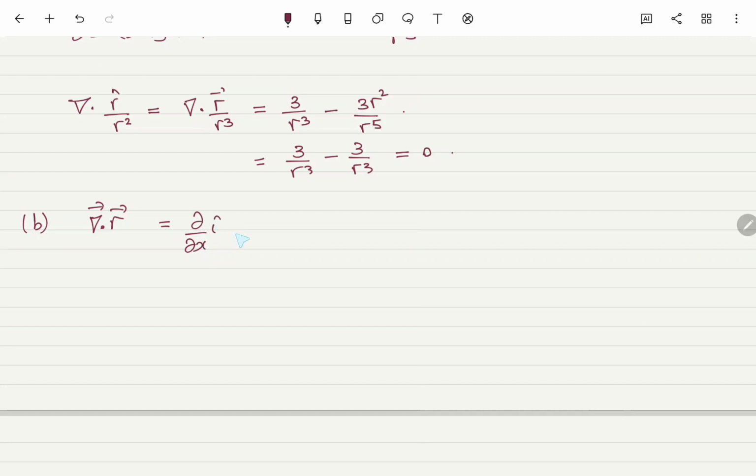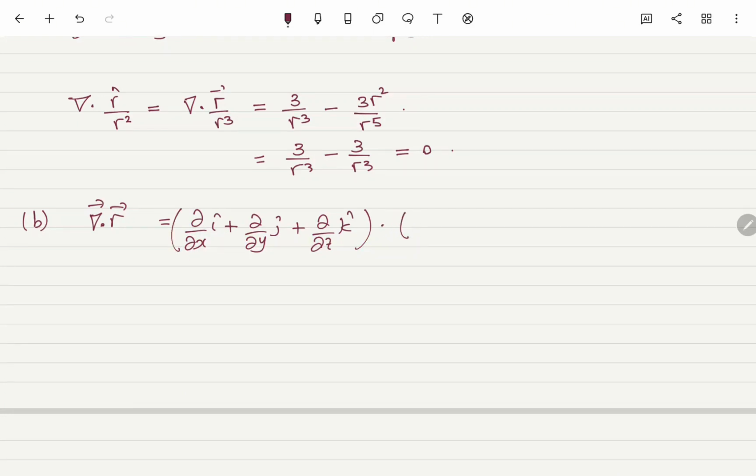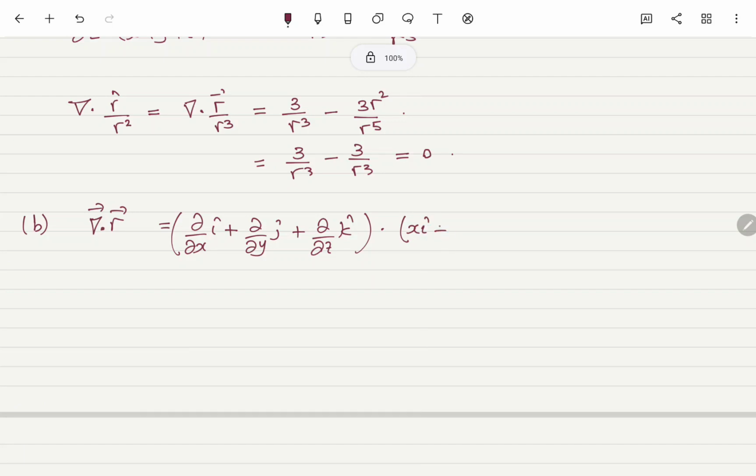Partial x i hat plus partial y j hat plus partial z k hat dot the position vector r, which is x i hat, y j hat, z k hat, and partial x of x is equal to 1, plus partial y of y is equal to 1, partial z of z is equal to 1.